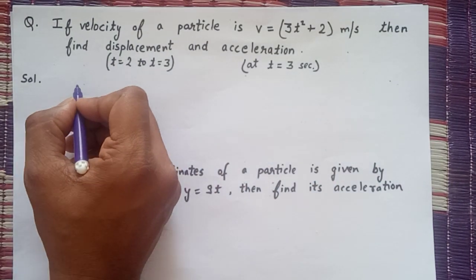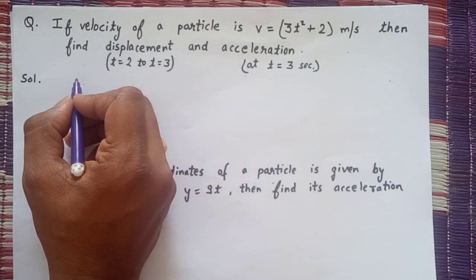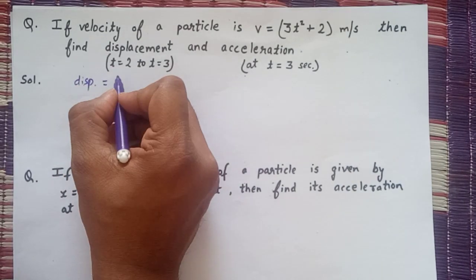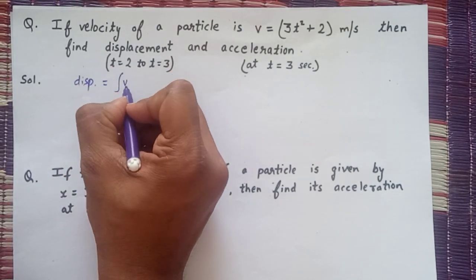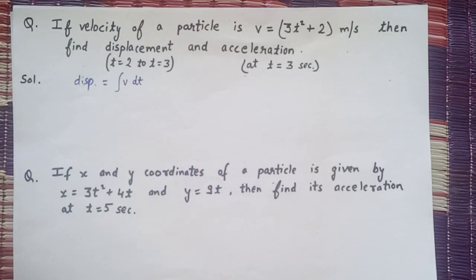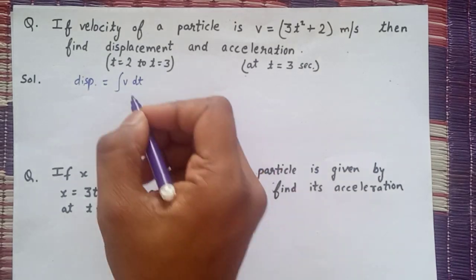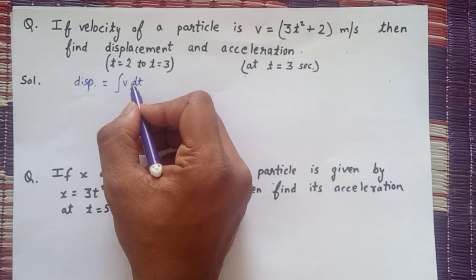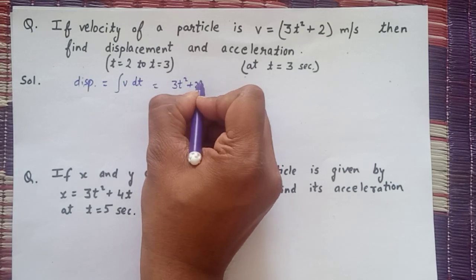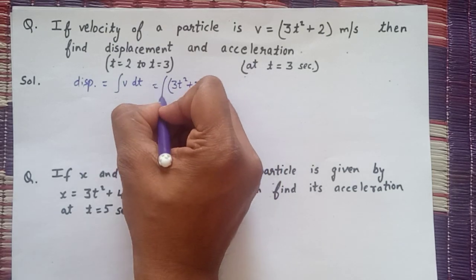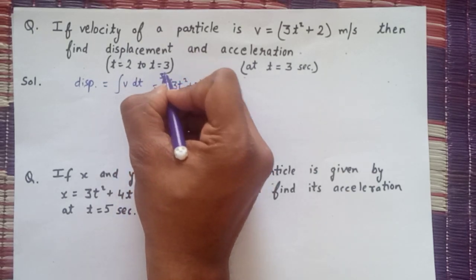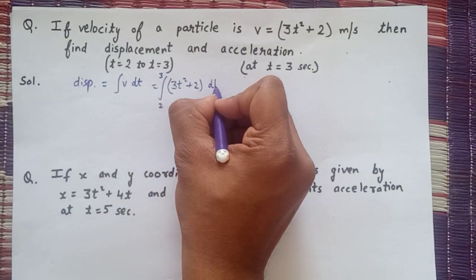So the displacement is given as integration of velocity with respect to time. So velocity is 3t square plus 2, and limits are t equals 2 second to t equals 3 seconds, dt.